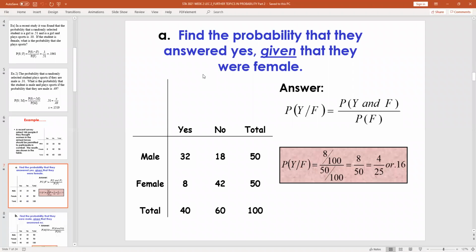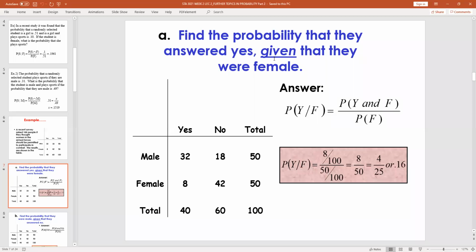Now look at question A. It said, find the probability that they answered yes, given, look at the word given, that they were female. Anytime you see given, or you may see if, of course, that's what they are telling you to do, to figure out conditional probability.